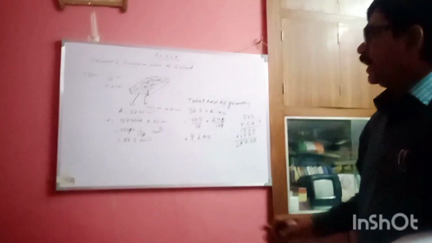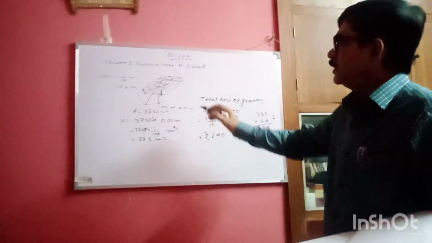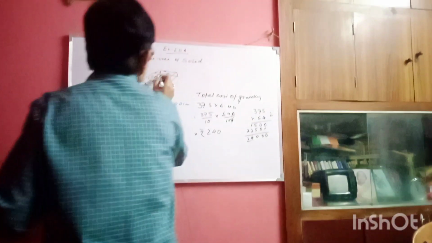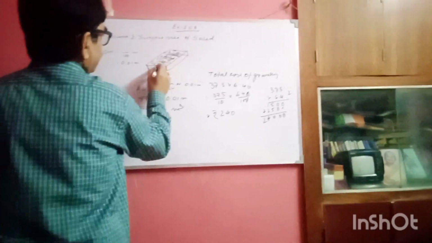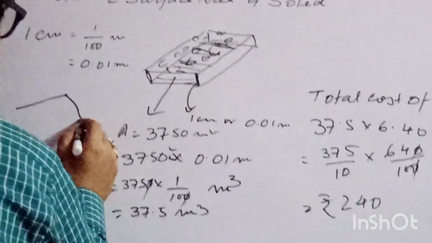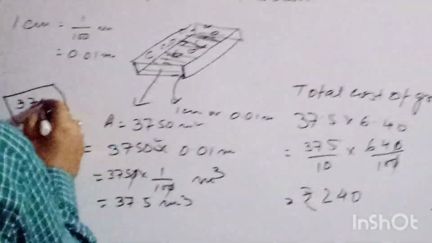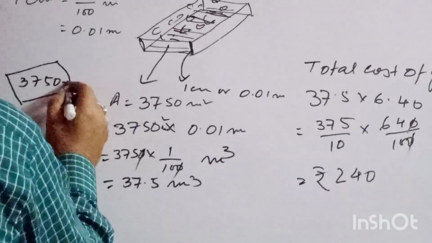Understood? Again I am describing this. This was the surface area, that is 3750 meter square.